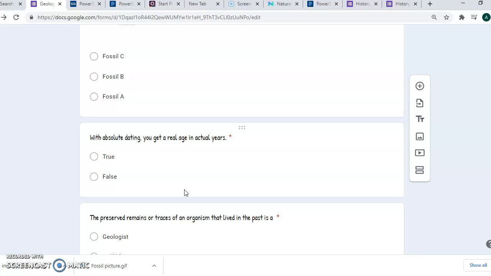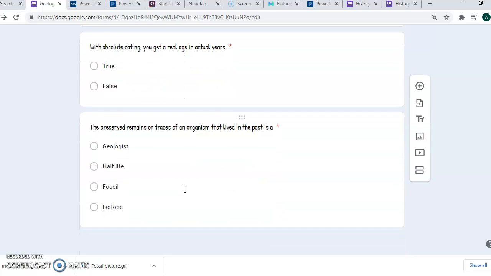True, false. The preserved remains or traces of an organism that lived in the past is a geologist, half-life, fossil, isotope.